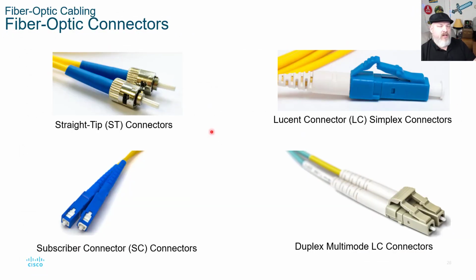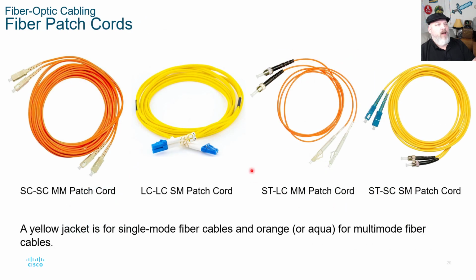Some of the fiber optic connectors that you will see are straight-tip (ST) connectors. You'll see subscriber connectors, Lucent connectors, or duplex multimode connectors. If you're going to use fiber optic cables, you'll typically buy them pre-made. These are patch cords.